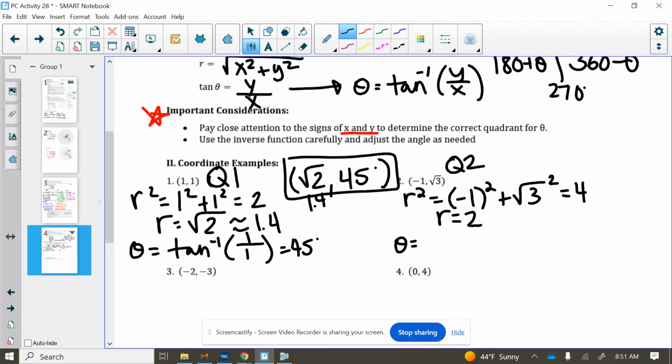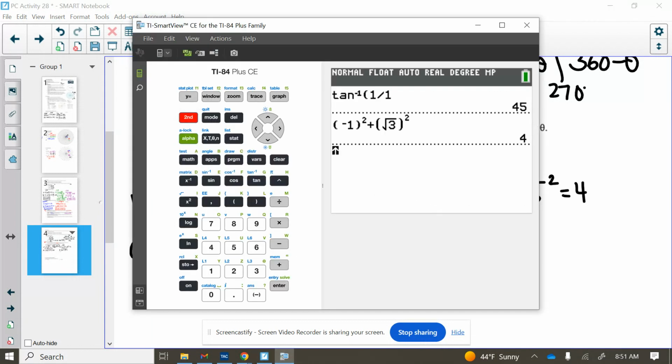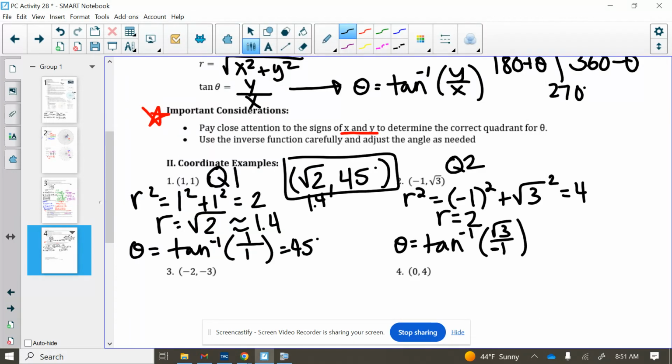Our theta value this time, if we take tan inverse of our y-coordinate divided by our x-coordinate, again, this is where we have to be a little bit careful, because square root of 3 divided by negative 1 ends up giving us negative 60 degrees. Negative 60 degrees is down here in quadrant 4. We know that our value has to be in quadrant 2.